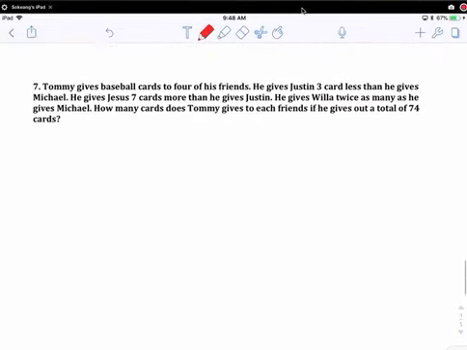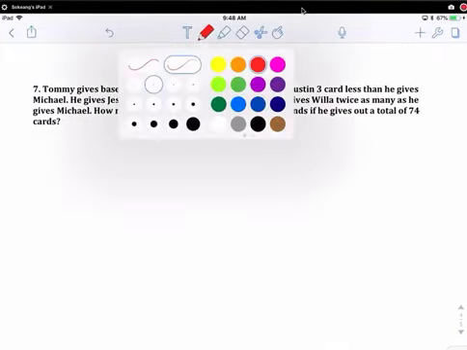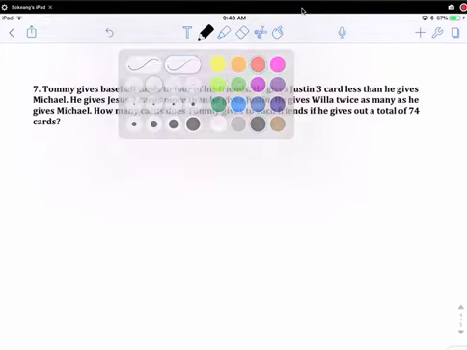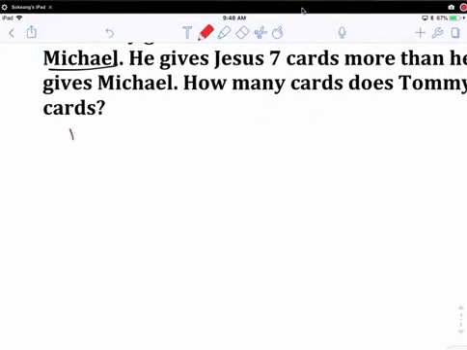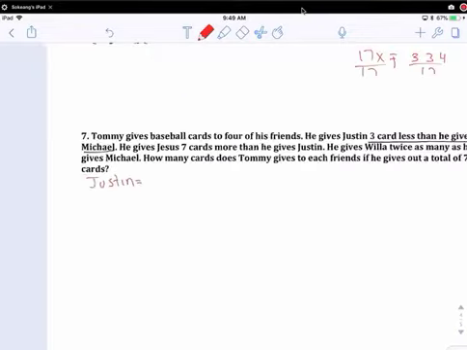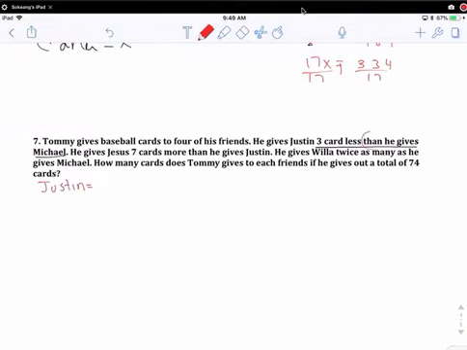Number 7. Same thing on number 7. Let's see number 7. Tommy gives baseball cards to 4 of his friends. He gives Justin 3 cards less than he gives to Michael. Okay, so Justin is equal to 3 cards less than Michael. So it's Michael minus 3.